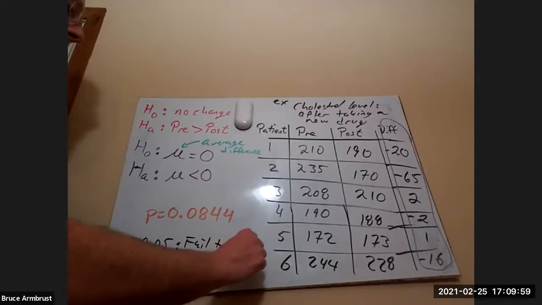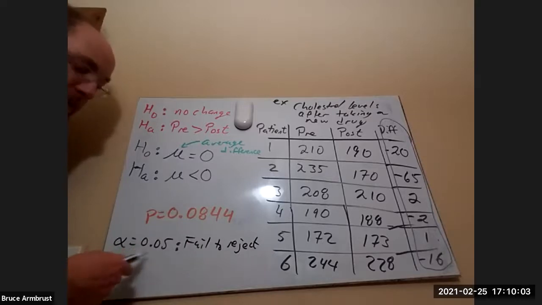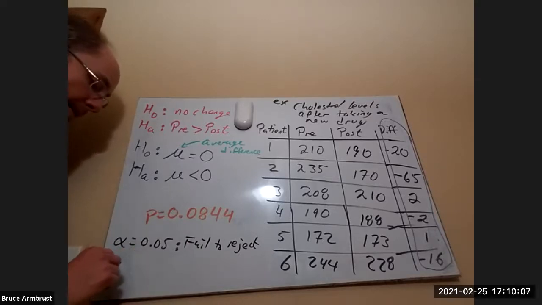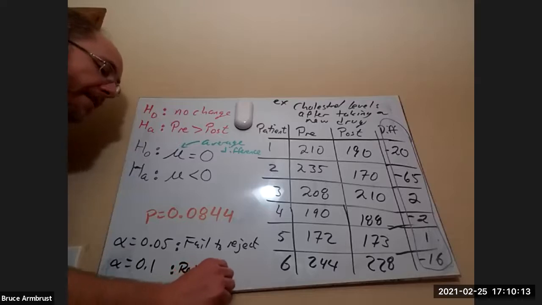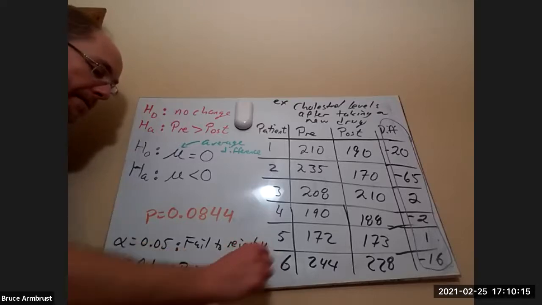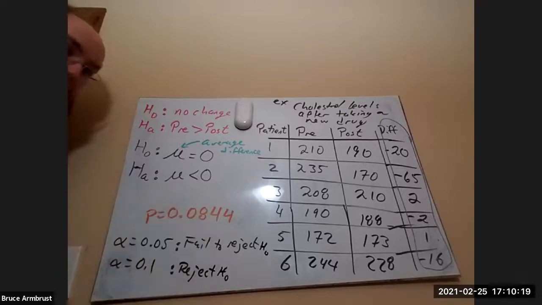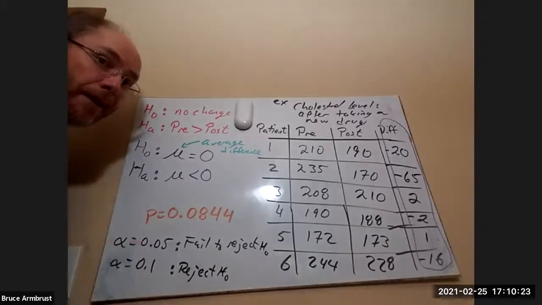And I think that's probably why, Ashton, you went to fail to reject right away, because it's sort of standard to do an alpha of 0.05. But say alpha was equal to 0.1, here we would reject it. So we're in that world of, do we reject or fail to reject? It depends.